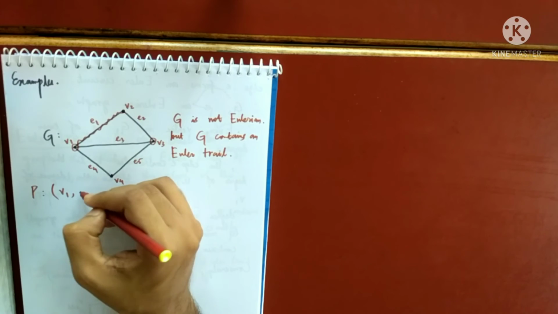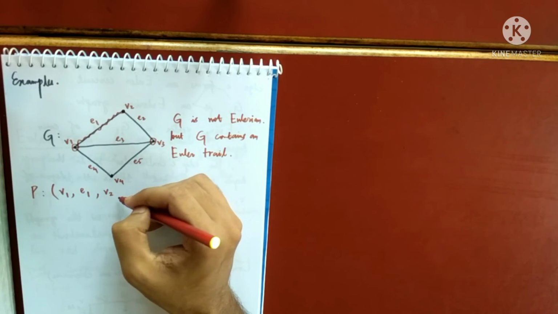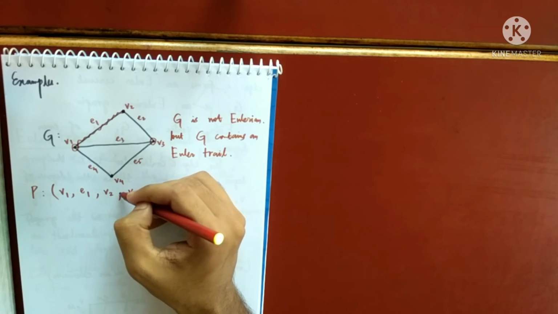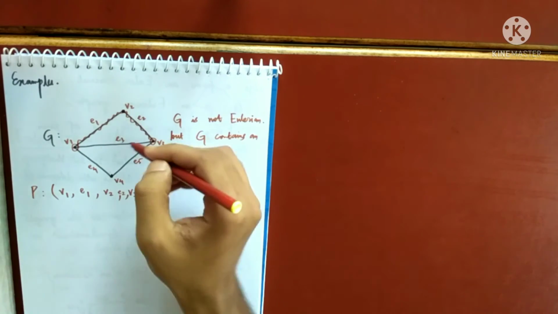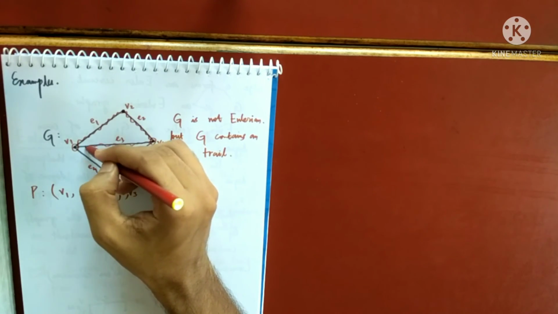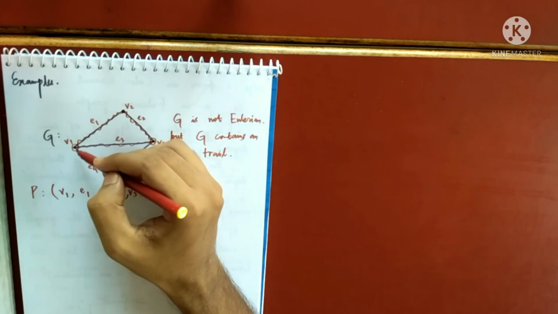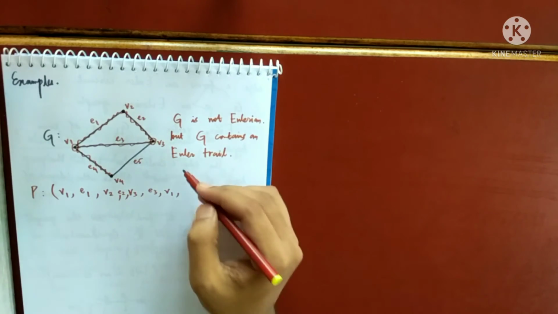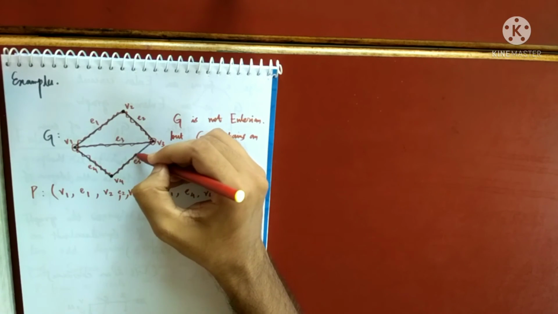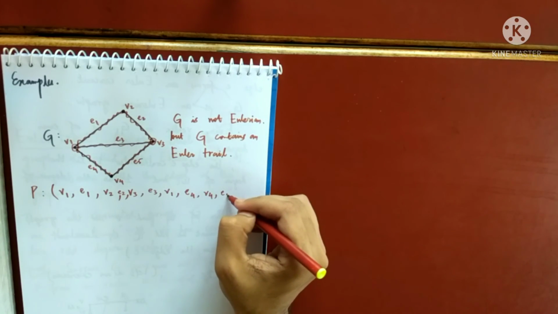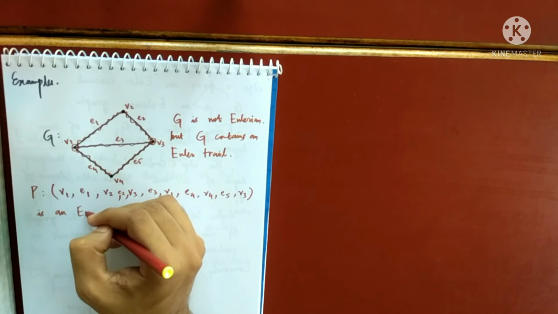So V1, let me take E1, then V2, then E2, then V3, then E3, back to V1, and then E4, V4, and then E5. So this is an Euler trail.